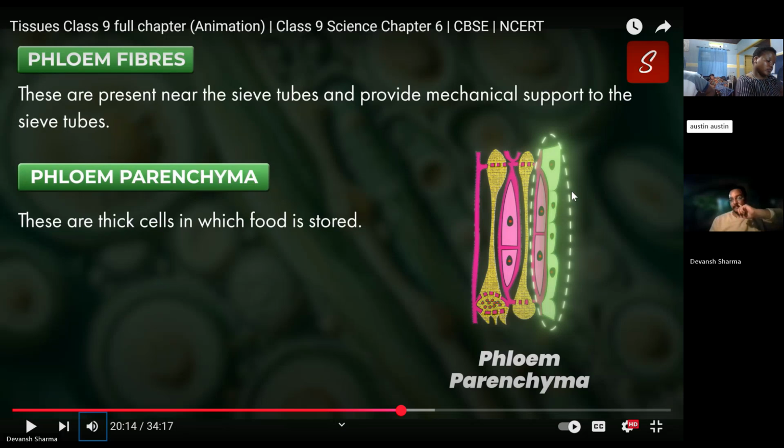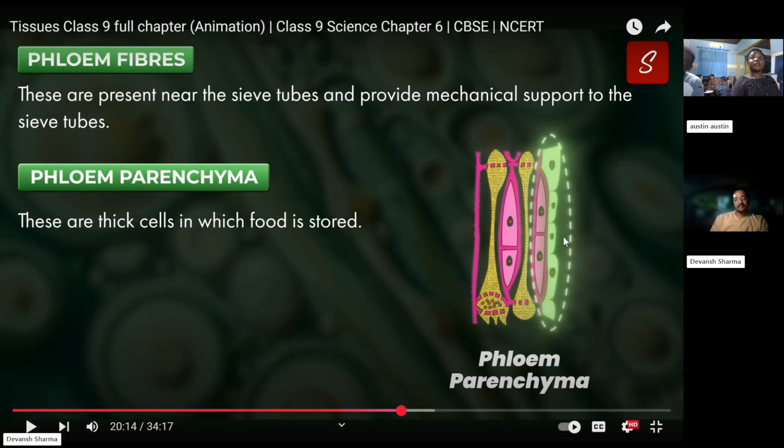So add there phloem parenchyma. The green part is phloem parenchyma. Then where is the phloem fiber? Phloem fibers are present near the sieve tubes.